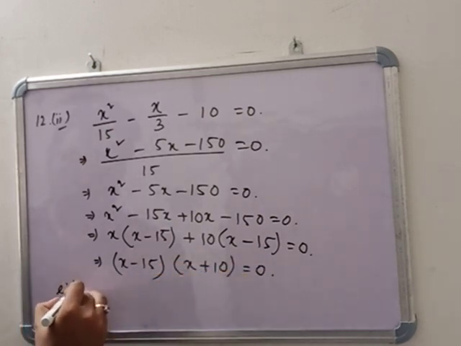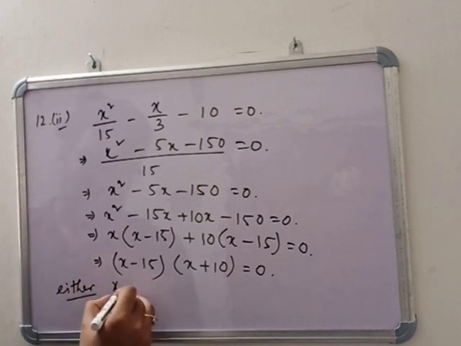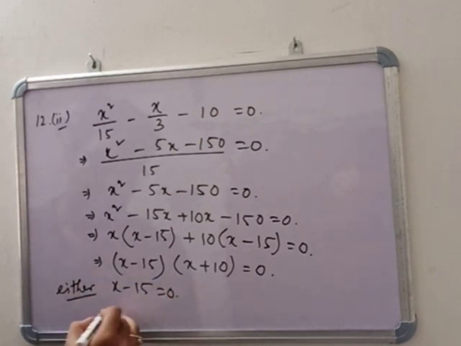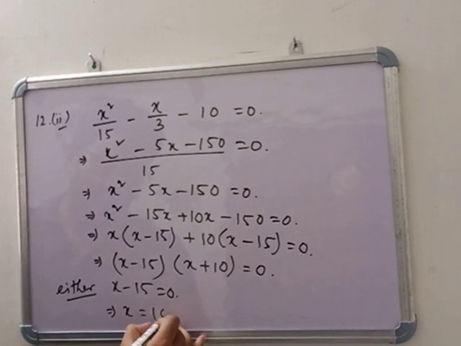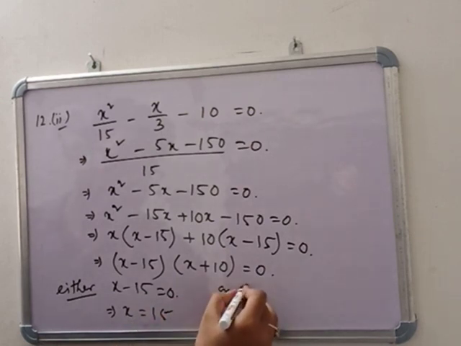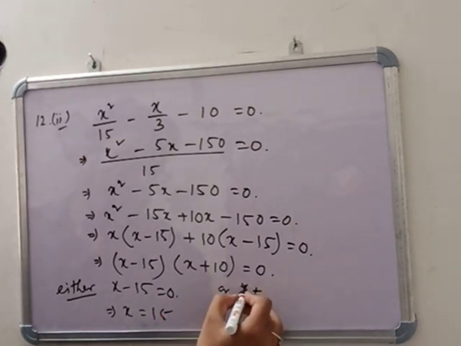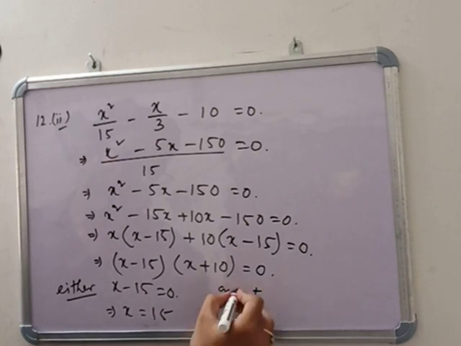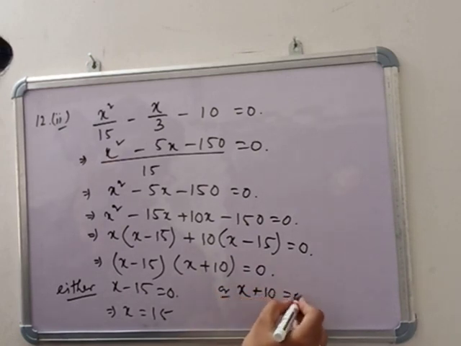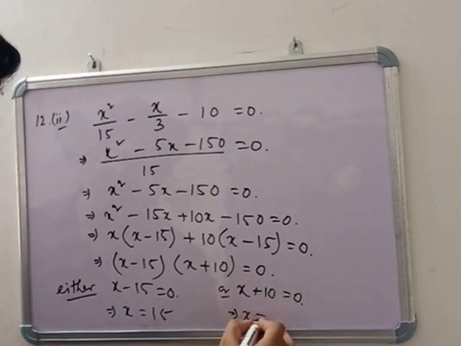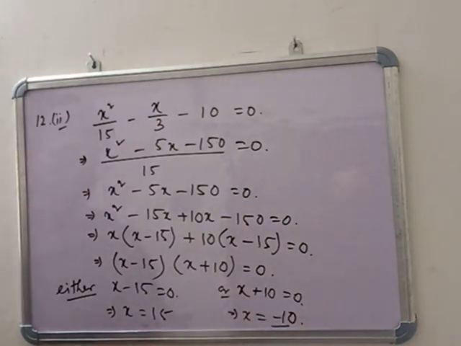So either x minus 15 equals to 0 gives x equals to 15, or x plus 10 equals to 0 gives x equals to minus 10. So the values of x are minus 10 and 15. Note it down all of it.